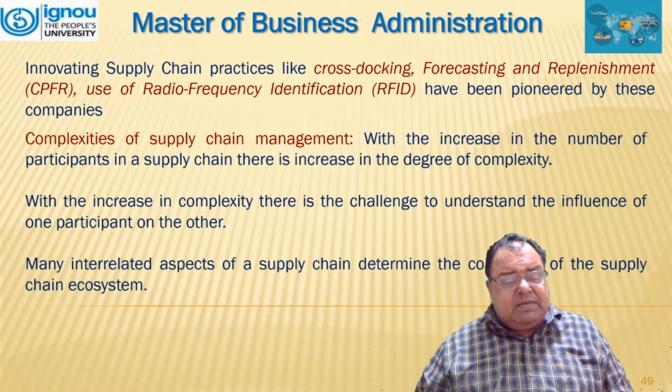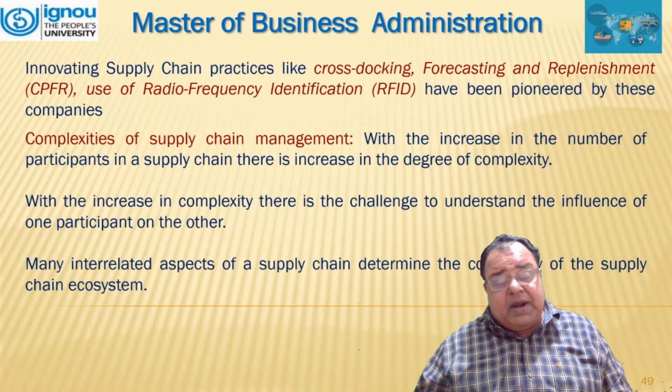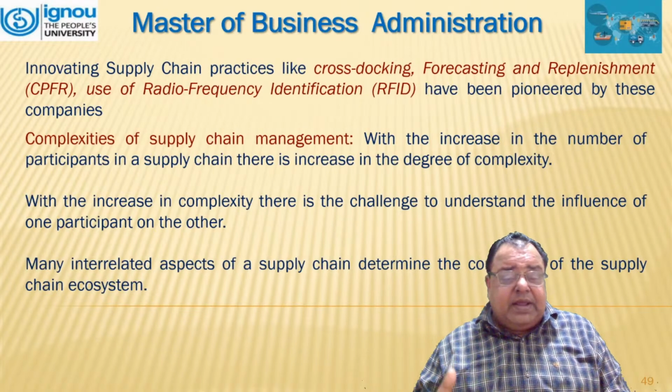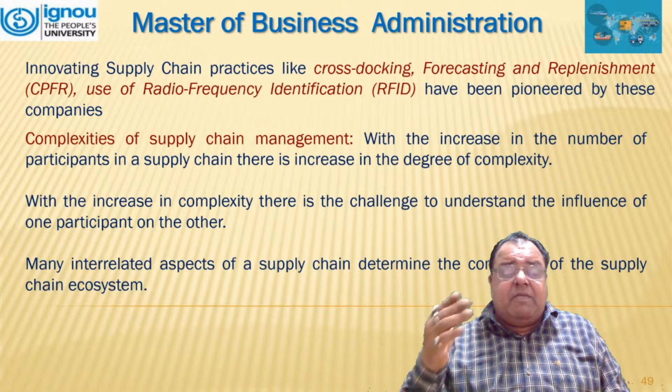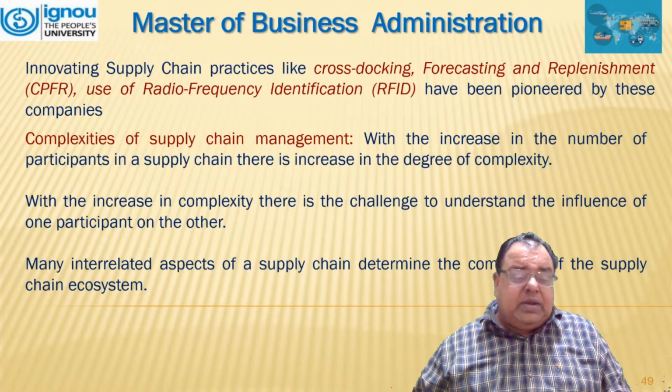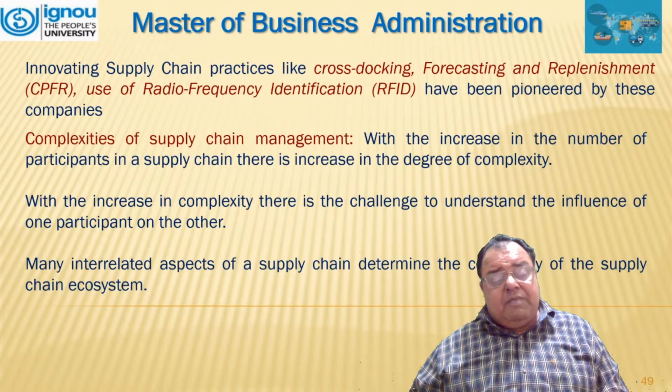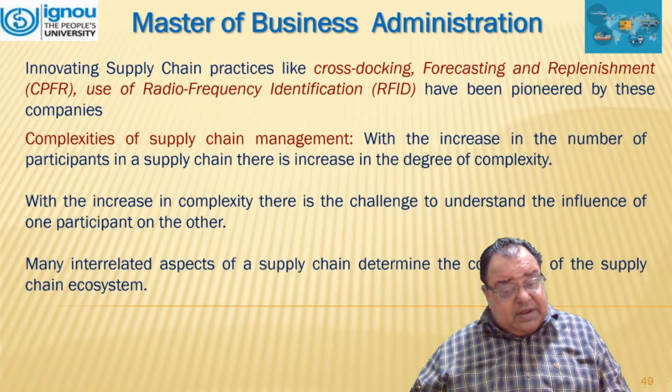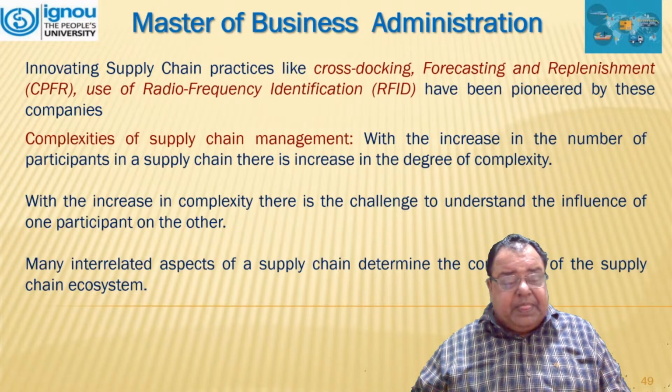Complexities of supply chain management. With the increase in the number of participants in a given supply chain, there is an increase in the degree of complexity. When complexity increases, it is a challenge to understand the influence of one participant on another.